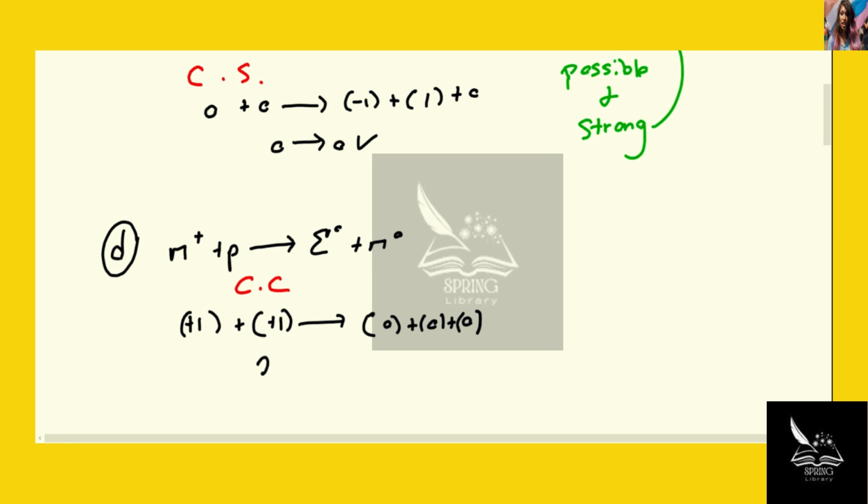We can obviously tell that's going to be 2 to 0. So this does not work. This is not conserved, so it's forbidden. Isn't forbidden just fun to say?